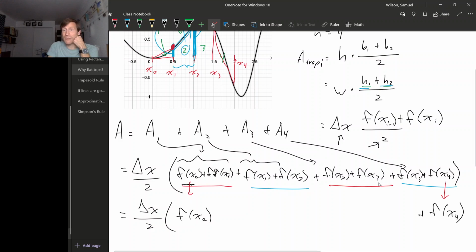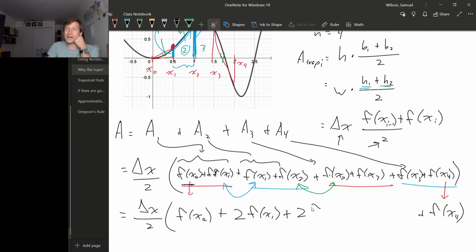But the values of the function at x sub 1, 2, and 3 show up twice. For example, x sub 1 shows up in the first and the second trapezoid, so we get 2 times f of x sub 1. And x sub 2 shows up in the second and the third, so we get plus 2 f of x sub 2. By the same token, f of x sub 3 also shows up twice, so 2 times f of x sub 3.